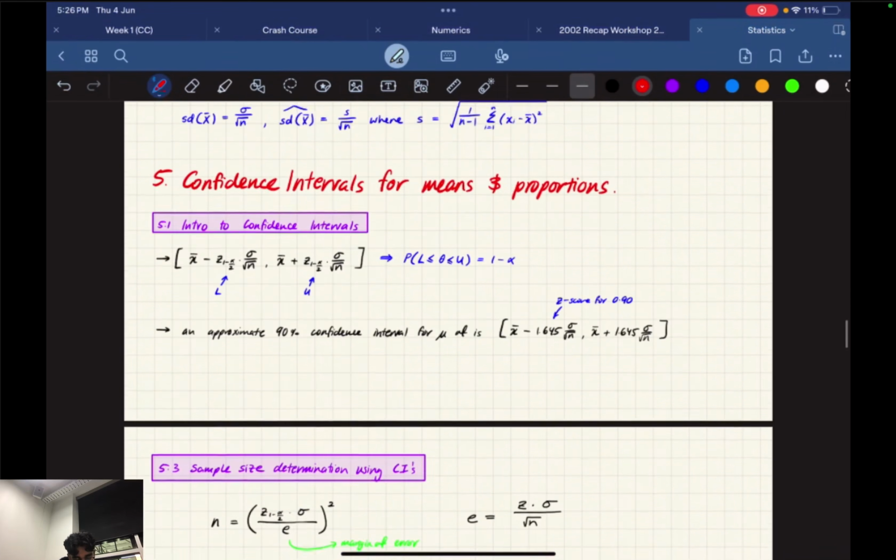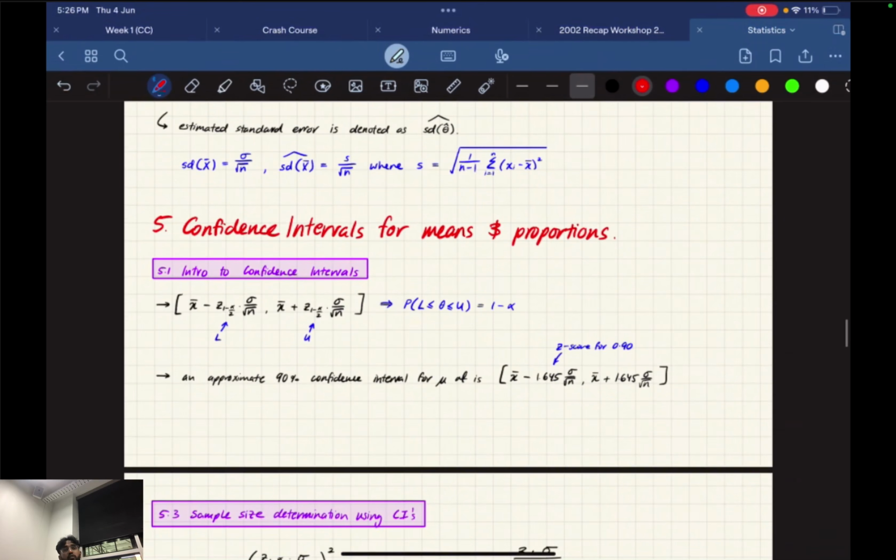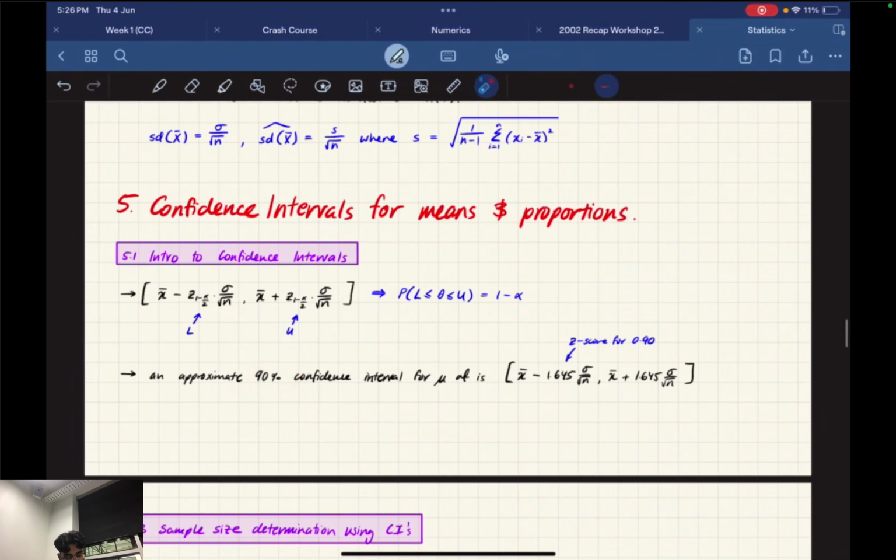So what we're talking about in confidence intervals is pretty much a range of values which approximate a certain percentage of confidence. So we can say with confidence that the value that I'm looking for lies between these two points, right? So let's say an approximate 90% confidence interval for mu lies between these two values.